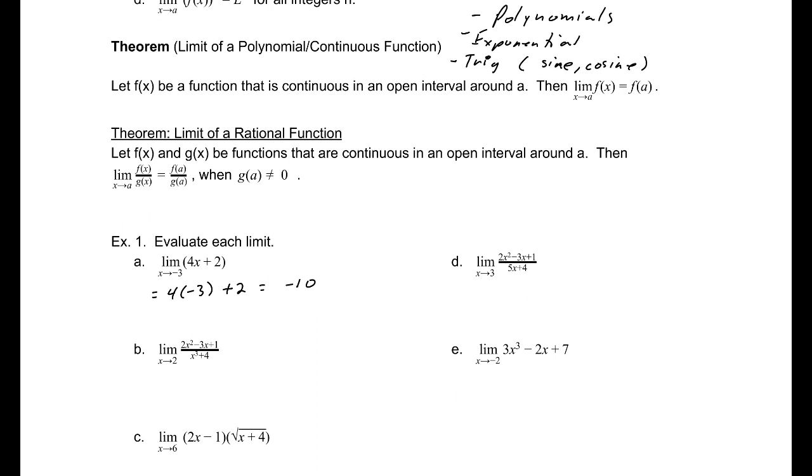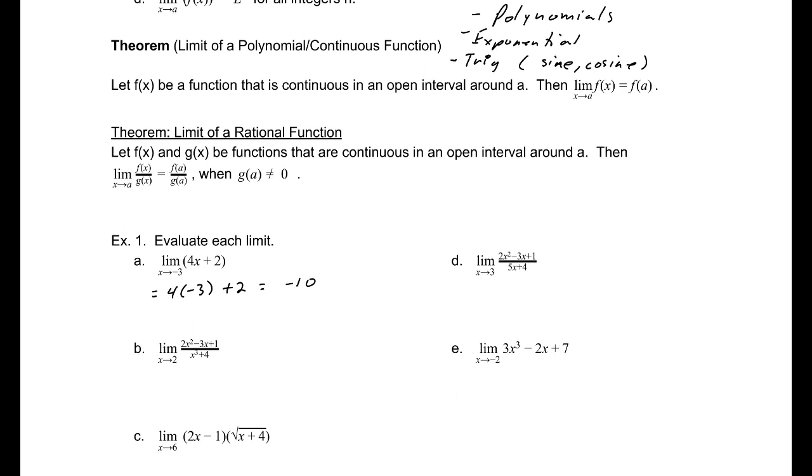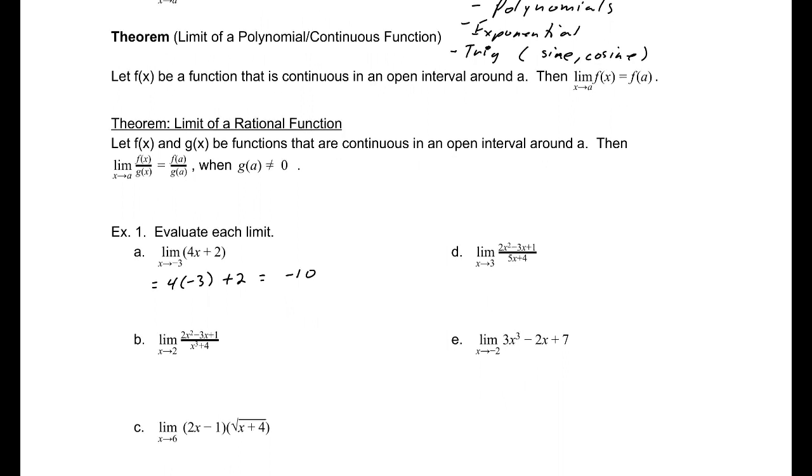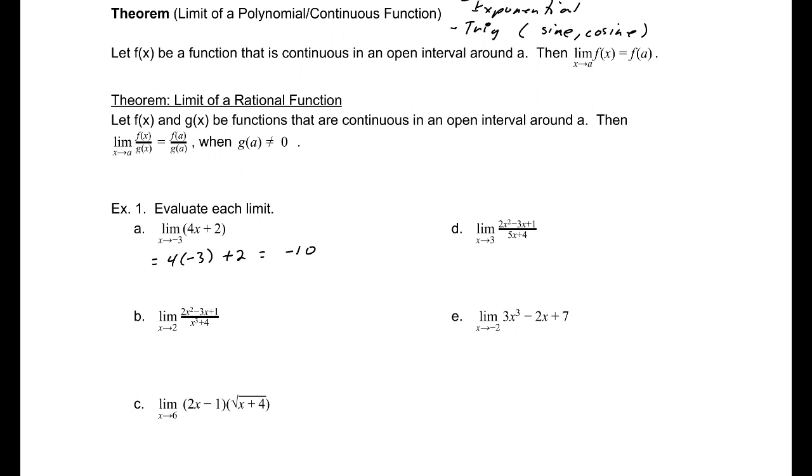Okay, so the first one, it's a polynomial, it's a linear function. We can evaluate at negative 3. We can just do that because it's a continuous polynomial. All right, part B, this is continuous as long as we're not dividing by 0. So we are not dividing by 0 here. Our denominator is not equal to 0 as we plug in 2.